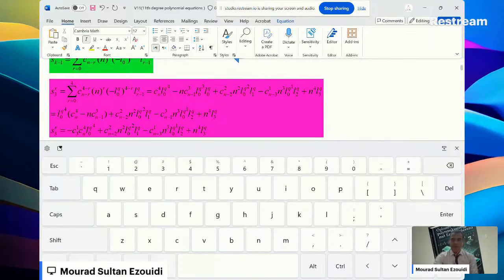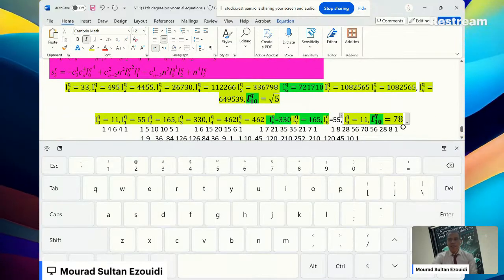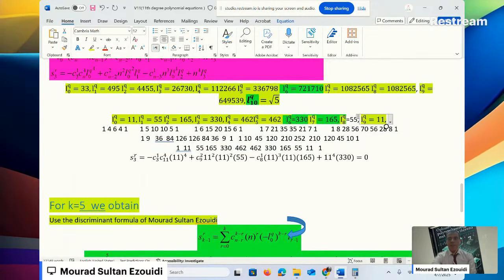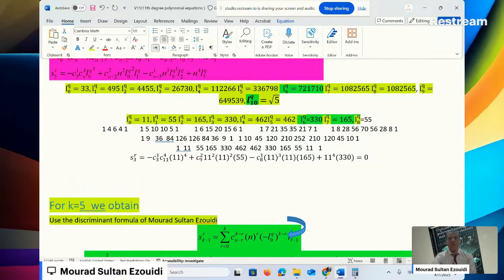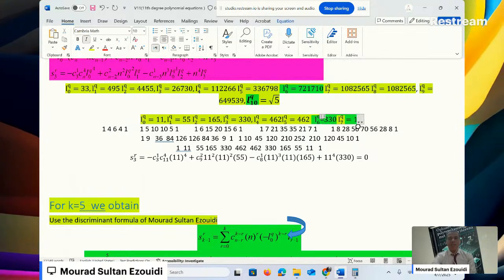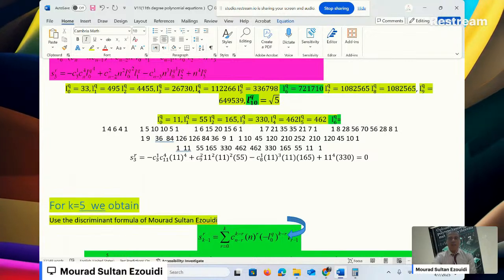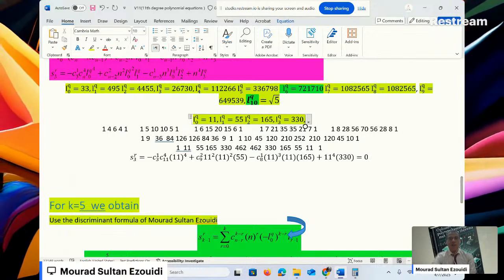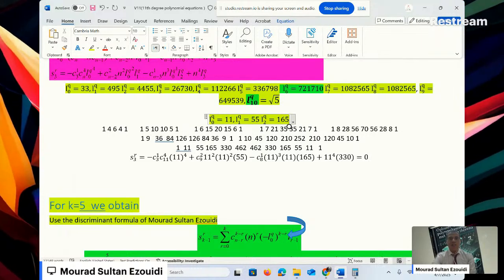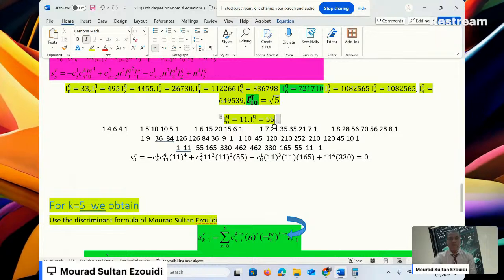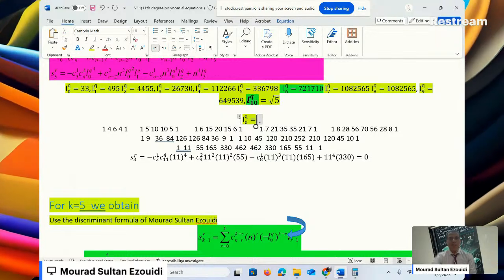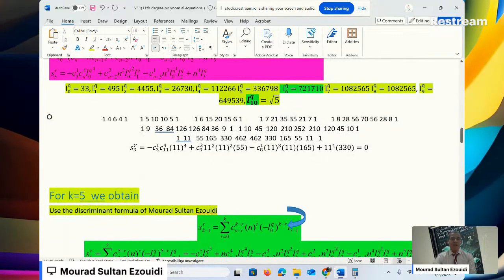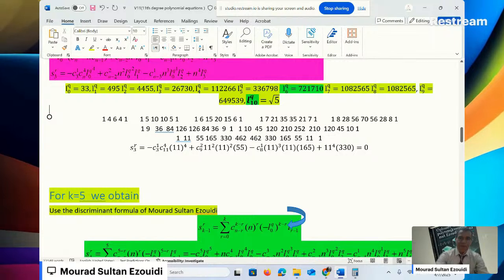Try to substitute in S3 the coefficient of L0 with 33, L1 with 495, L2 with 4,455, and L3 with 26,730, and then figure out the answer. Let's do this one.